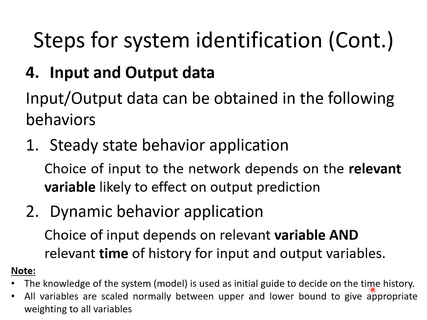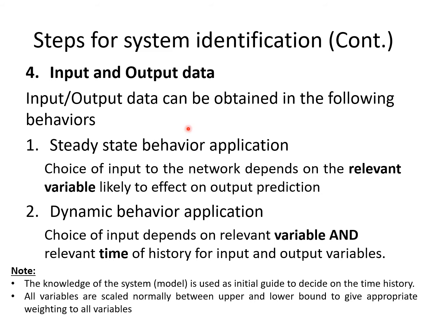To decide how much past data we need, we look at the model of the system, the discrete time model. And also the data has to be scaled between the lower and upper bound. All these data have to be scaled, of course, because if you do not scale it, then you will not get a relevant effect on the output.